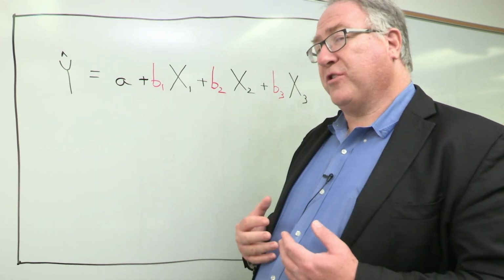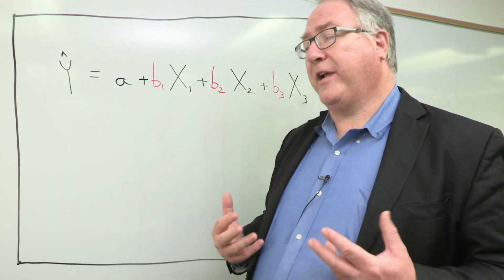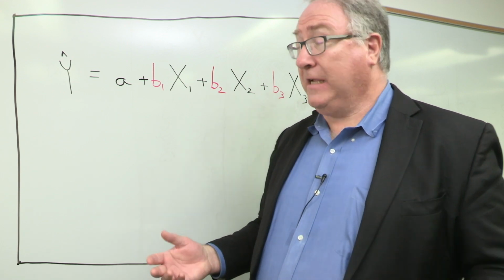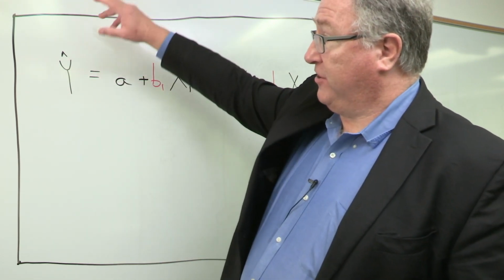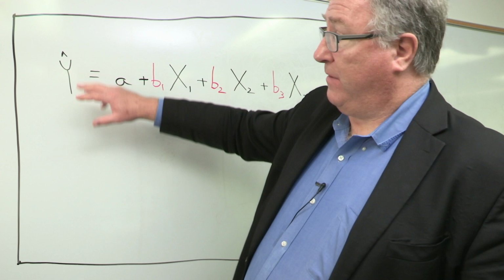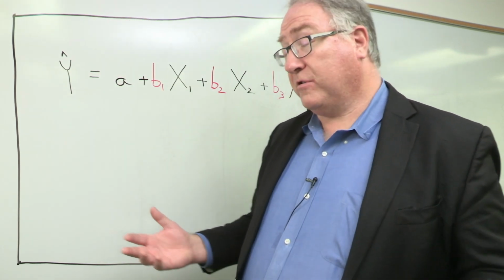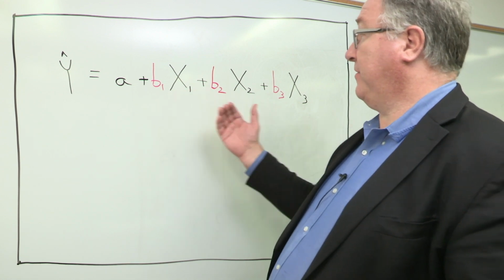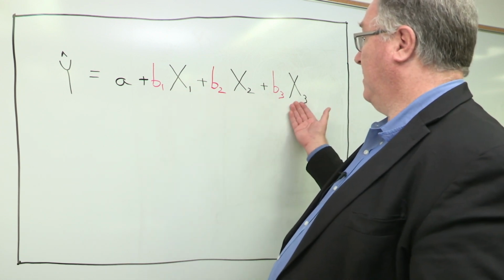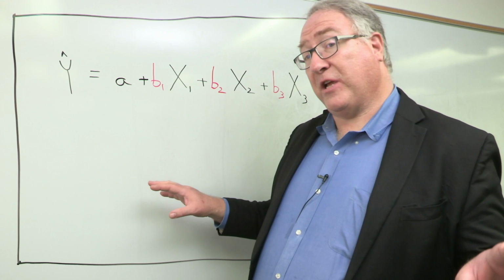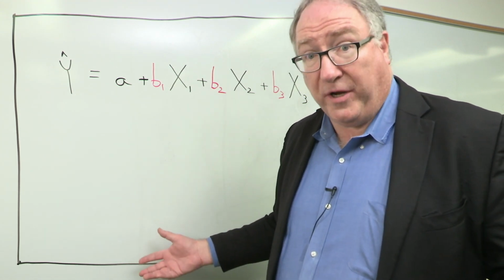Okay? So you are seeing how well you can account for or explain variance on the outcome variable measure in terms of person scores on the predictor variable measures. Okay? And that's essentially what you're seeking to do here.